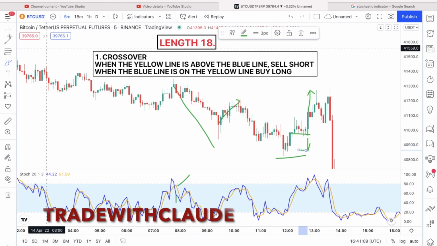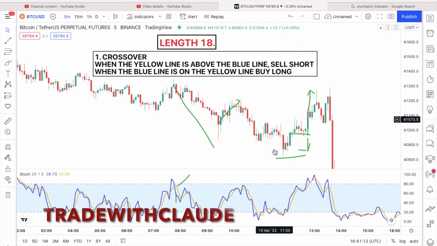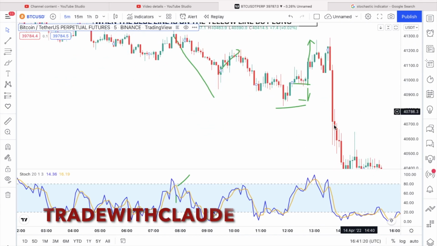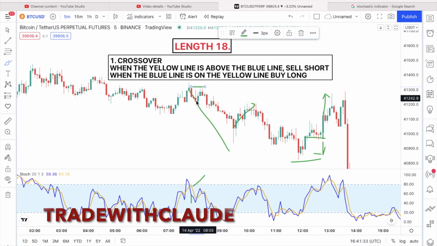You see why it's very important that you set your stop loss, because if you do not have a stop loss and you're looking for too much profit, when this crash happens here, you would be in great loss. So when your stochastic gives you an entry confirmation, just a little below it should be your stop loss. So this is going to be my stop loss, and this is my entry. I can be a little more conservative, and I can move my stop loss to this level.